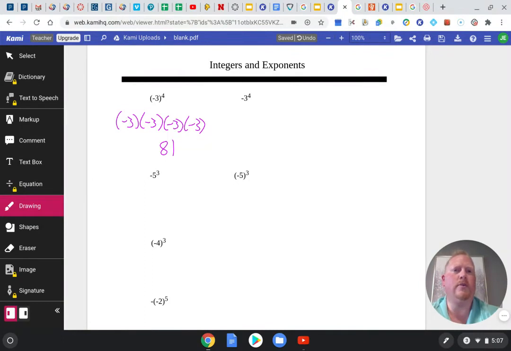Now let's take a look at the other one without parentheses. Remember I said that exponents only affect what's directly sitting on. So this 4 is sitting on that 3, but because there's no parentheses, that negative is not included in the situation. So what happens is that 3 happens 4 times.